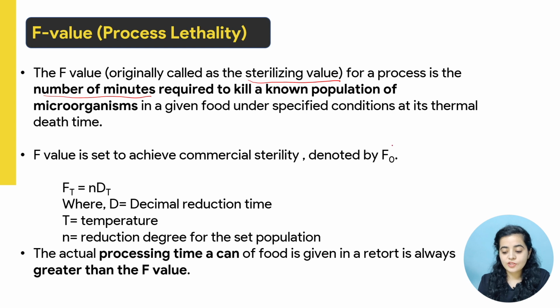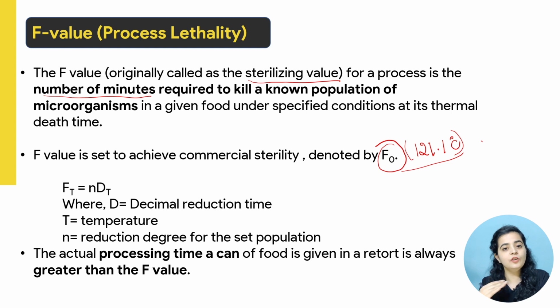So F value is also denoted by F naught. The reference F naught is at the temperature 121.1 degrees Celsius, generally at the time of sterility. And now please note, F value can also be called thermal death time, and we just studied that thermal death time is the number of log reductions of the population multiplied by your decimal reduction time, because decimal reduction time gives 1 log reduction, and whenever we see the reduction in the population, we measure it by log cycles.